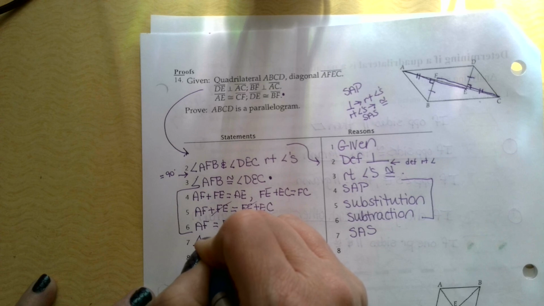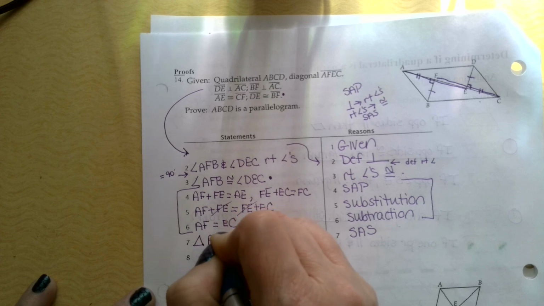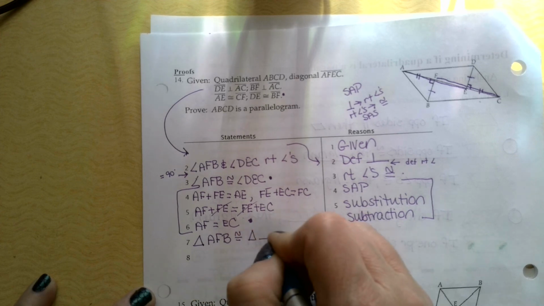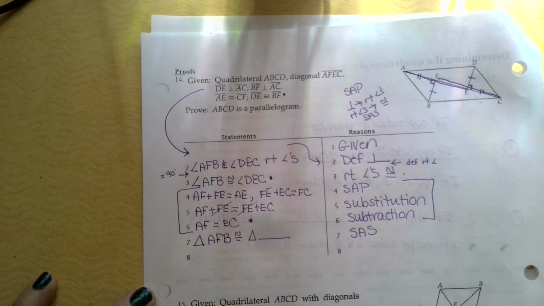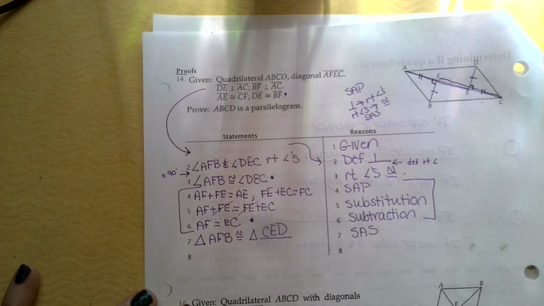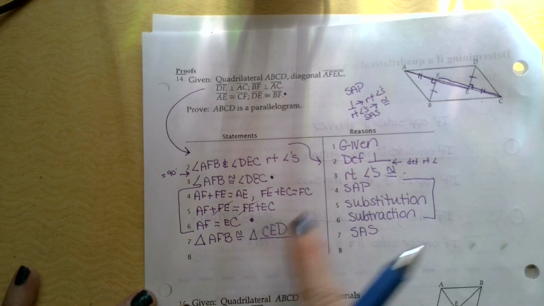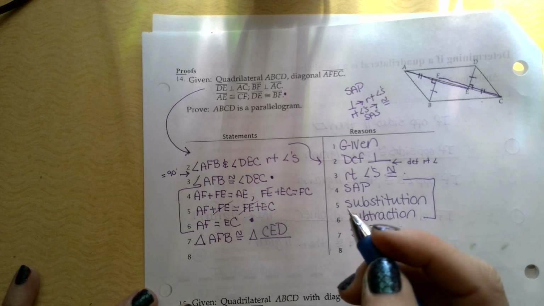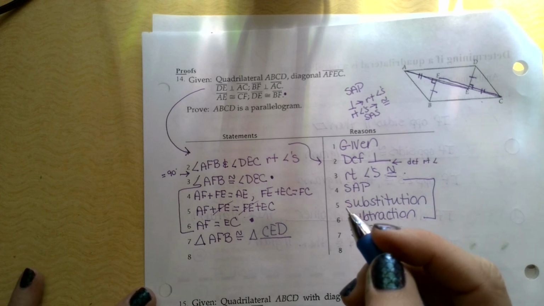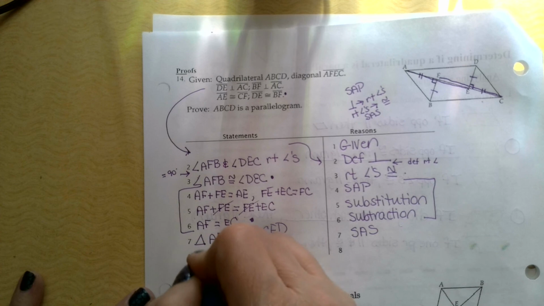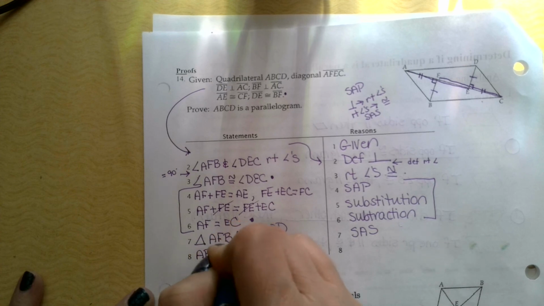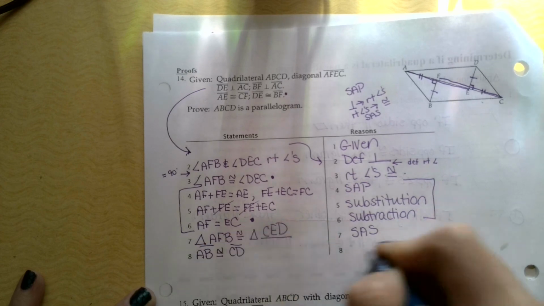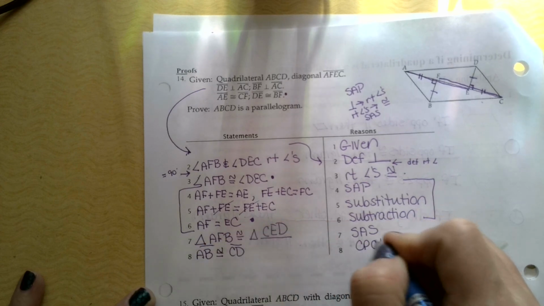Triangle AFB is congruent to triangle, what would you put right here? Triangle CED. AFB and CED are now congruent. So now I can say AB is congruent to CD, and that is by CPCTC.